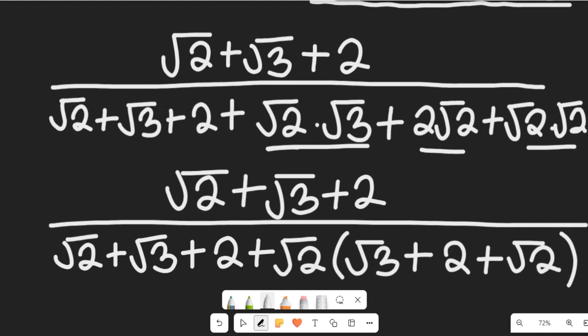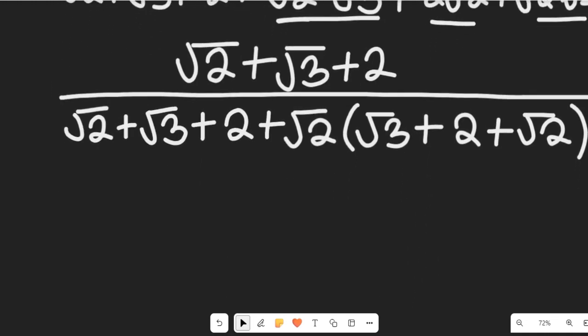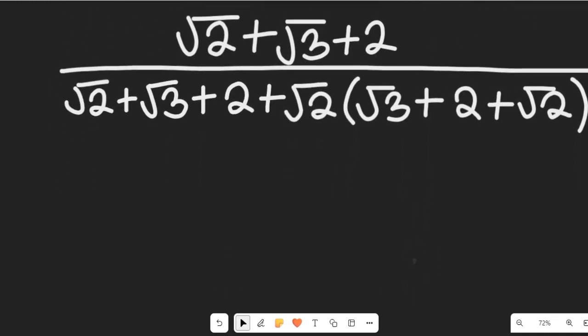Now you see that we almost have a similar thing in the numerator and the denominator.